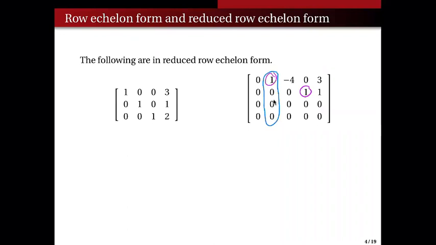So all other entries in the same column of this leading one are zeros. We look at this one because this is a leading one. We look at the column, and all other entries in the same column are zeros. So condition number 4 is satisfied. And indeed, this is a reduced row echelon form.